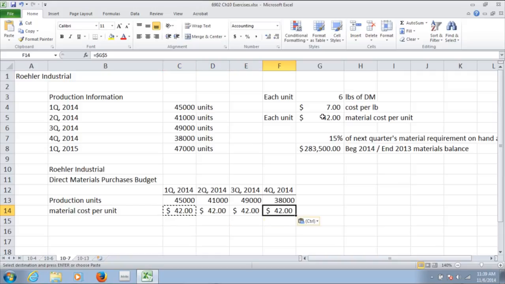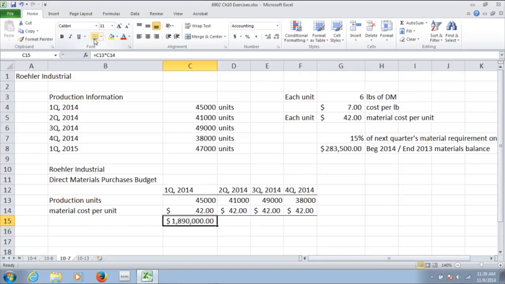Now, it's really not imperative that we include this item in our table here, in our direct materials purchases budget, but it's good to see the trace here to say, okay, well, we have 45,000 units multiplied by $42, so that gives us 1.89 million, and then copy this formula across.